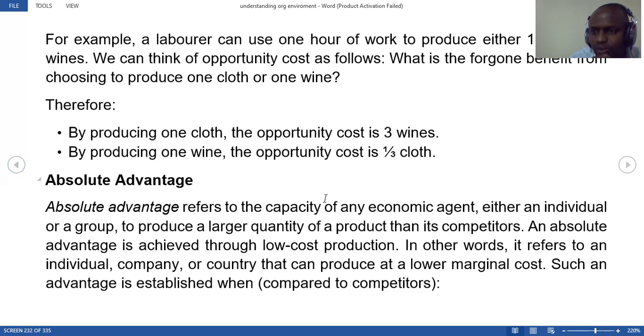In other words, it refers to an individual, company or country that can produce at a lower marginal cost, such that an advantage is established when compared to the competitors. And when you're talking about marginal cost, this is the cost of producing 1 extra unit. Then if a country is able to lower that cost, then we are saying that country has an absolute advantage over the other.